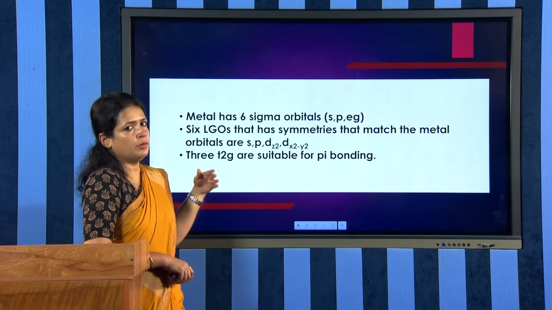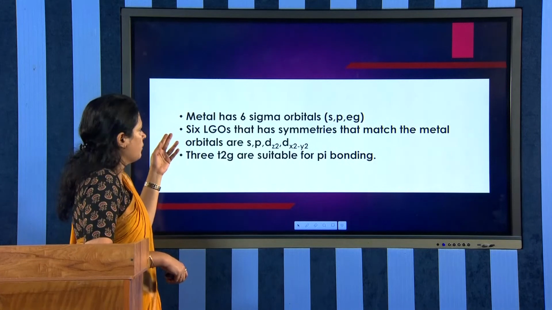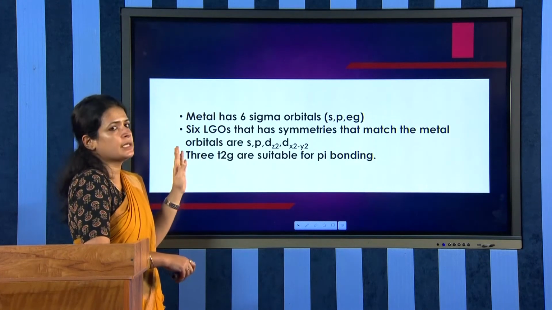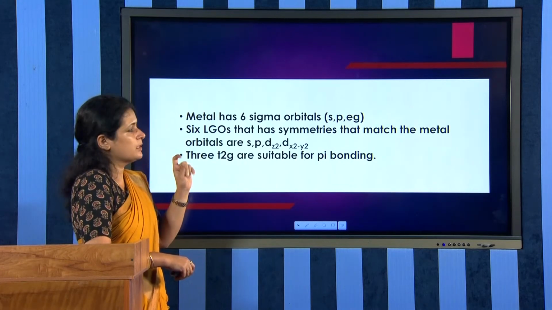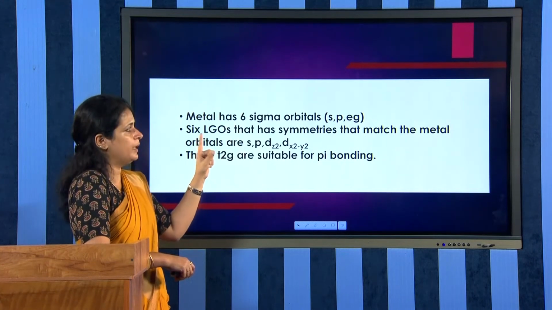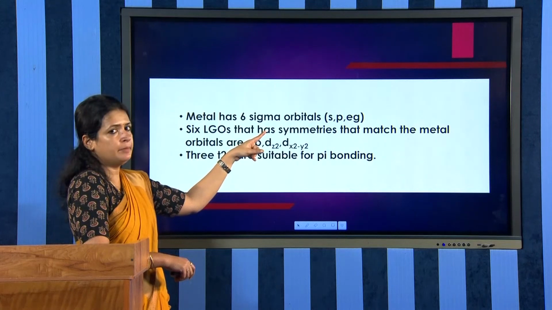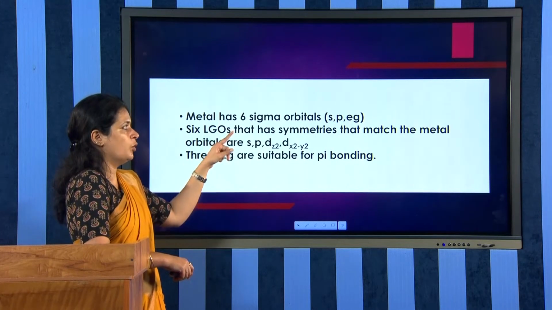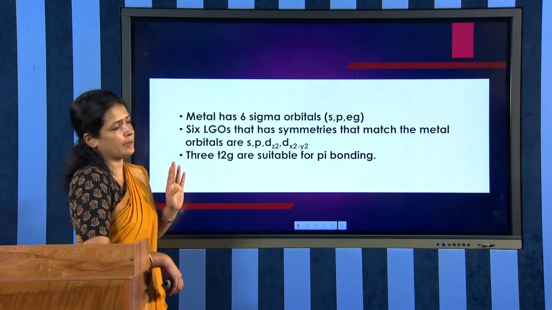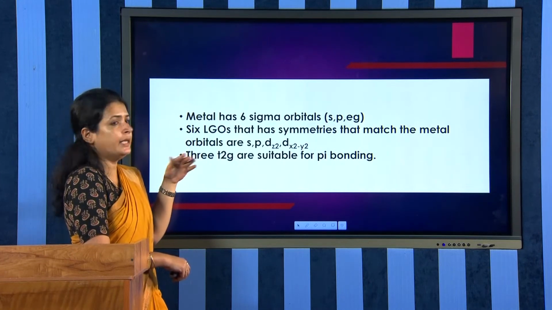Again I can explain how the metal molecular orbitals are formed. We have metal 6 sigma orbitals: 1 s, 3 p and 2 eg. So s we have 1, p we have 3, so 3 plus 1 is 4, and eg means 2 orbitals, so 4 plus 2 is 6. That is why there are 6 sigma orbitals in the metal, and they combine with the ligand group orbitals.